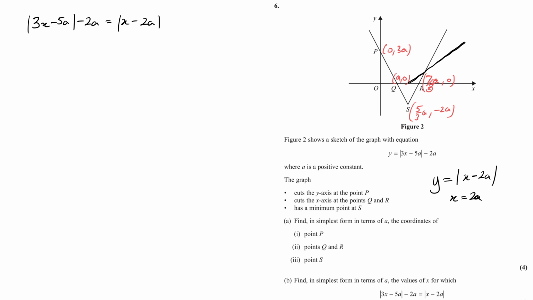And then when it hits the y-axis, that's when x is 0. So it's going to hit at minus 2a, which is made positive, so it's going to hit at 2a. So we know it's going to look something like that. Yeah, so it's a rough sketch, and what you can see from this sketch is that we'll have 2 points of intersection.